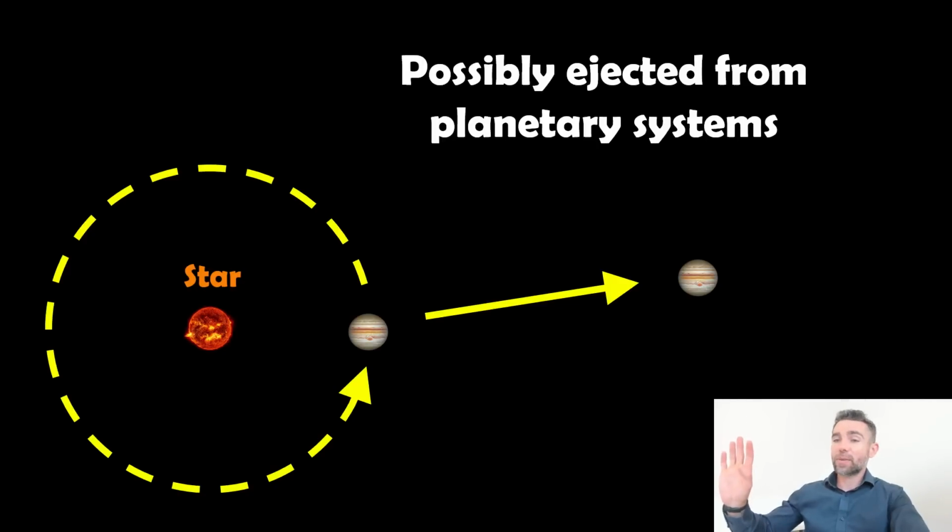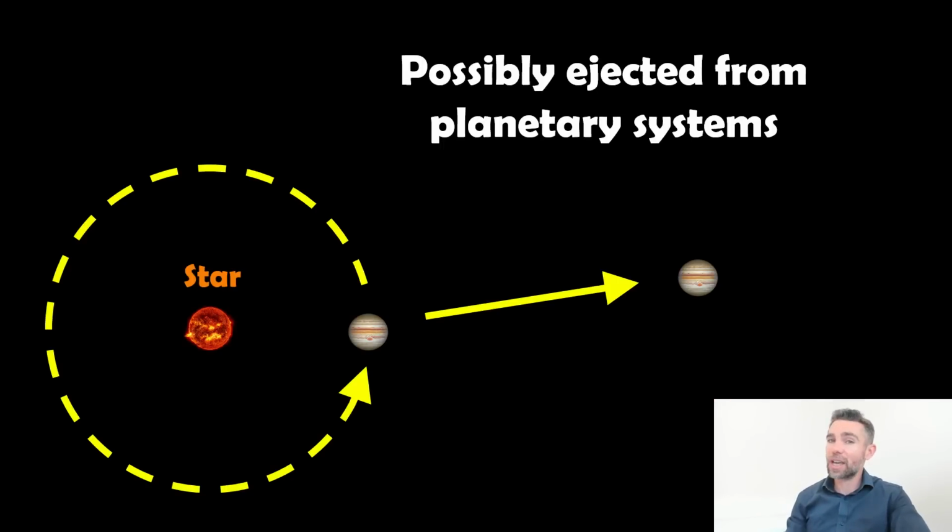When planetary systems are quite young, they're not stable, the planets are still moving and wandering about, they can get close to one another and they can gravitationally scatter each other out of the system. A bit like how we use spacecraft for a gravitational assist. We can take energy from a planet and we can scatter ourselves out into the outer solar system.